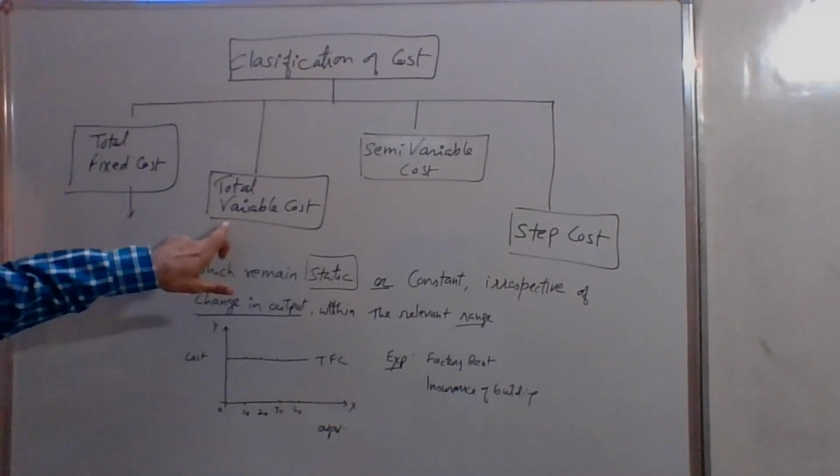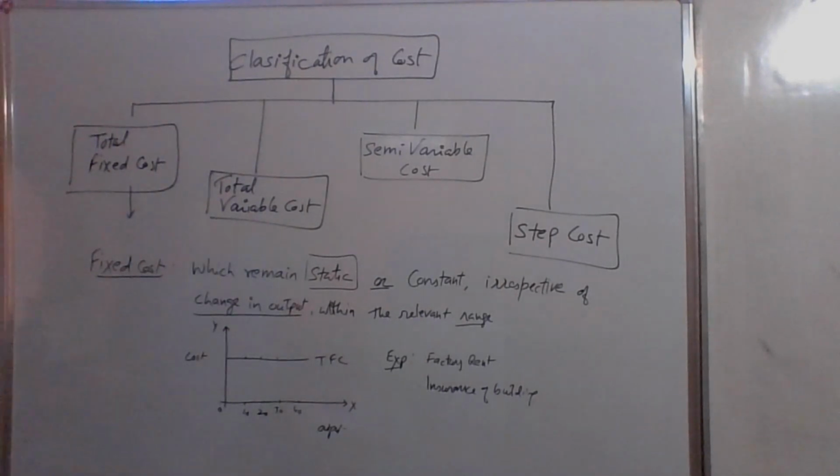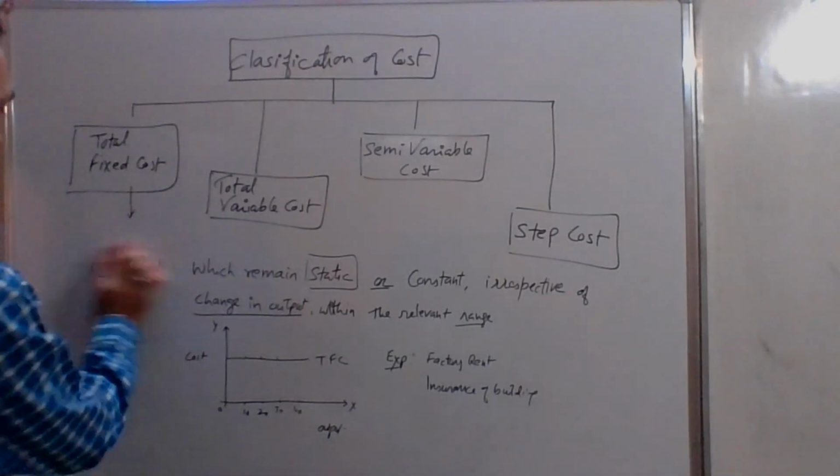Second is total variable cost. What is total variable cost?